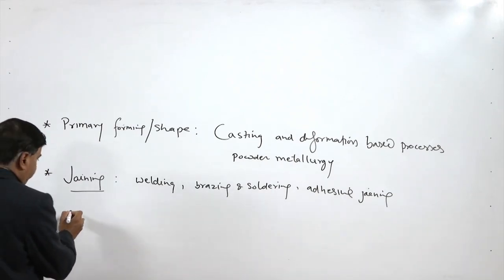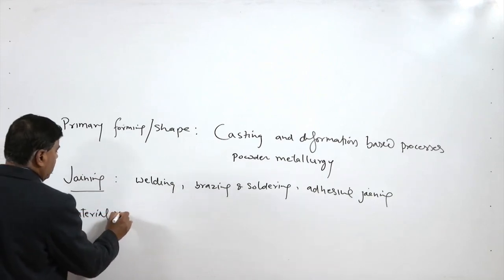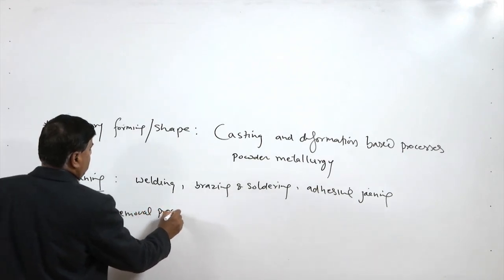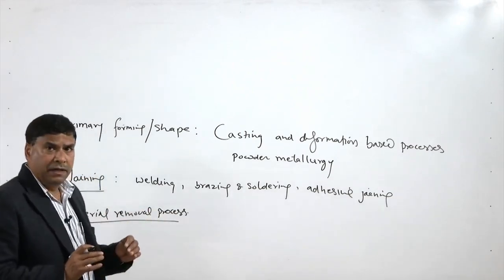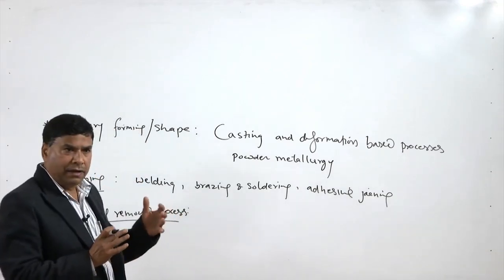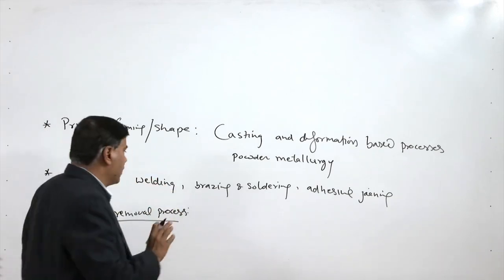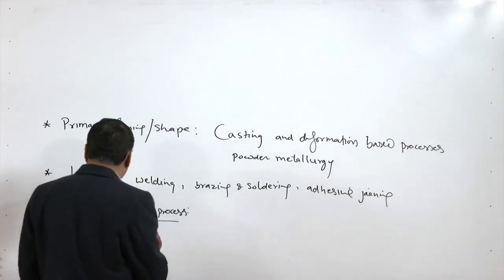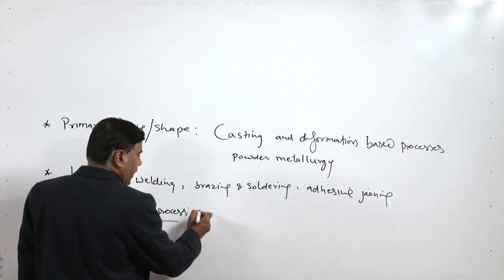Then we have the material removal processes. In this category, the unwanted material from the raw or stock material is removed to get the desired size and shape.